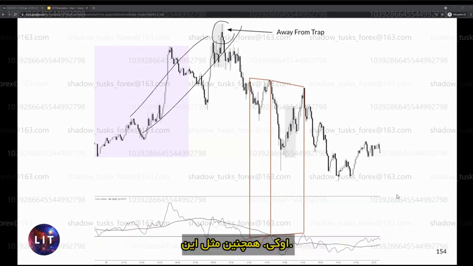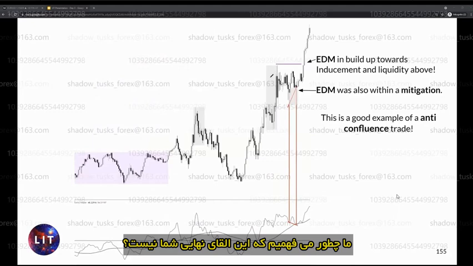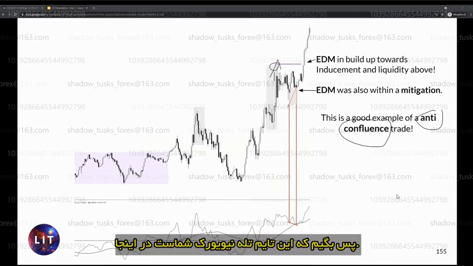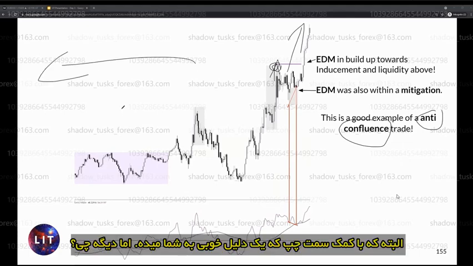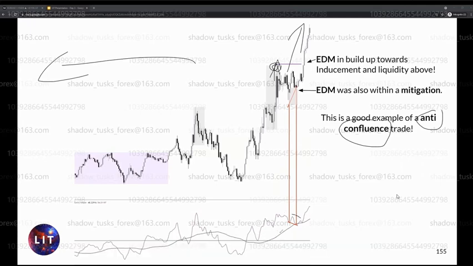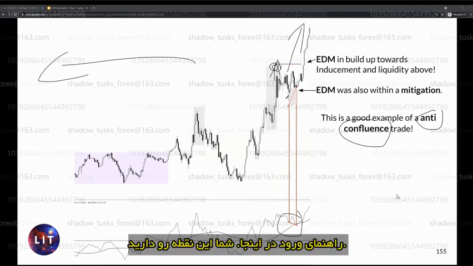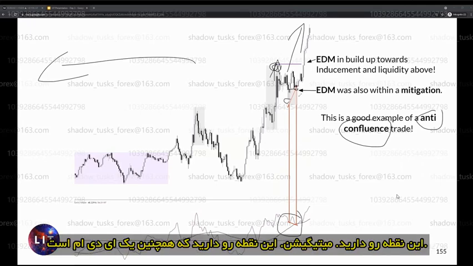Okay. Also like this. How will you know that this is not your final inducement? It will help as an anti-confluence as well. So let's say this is your New York trap time in here. Why would you know the price continues higher? Of course, to the left will give you one good reason. But what else? The entry up in here. You have this point, you have this point. Mitigation of this point.